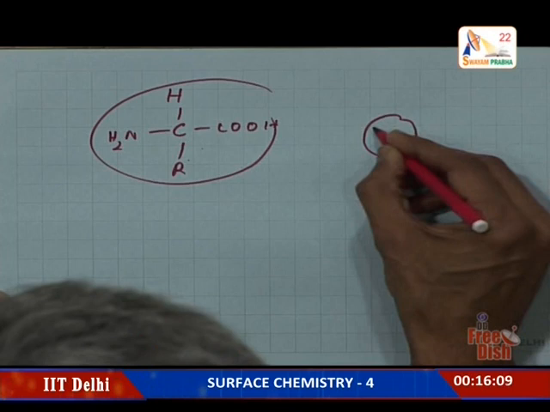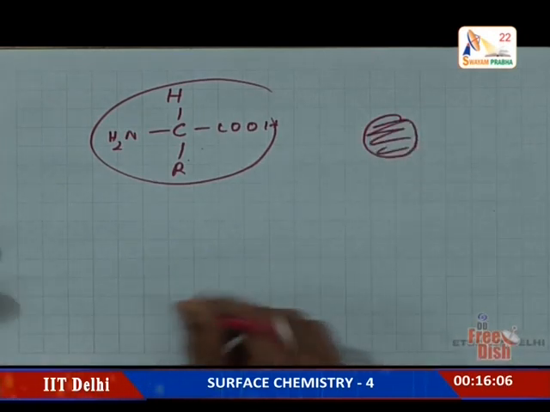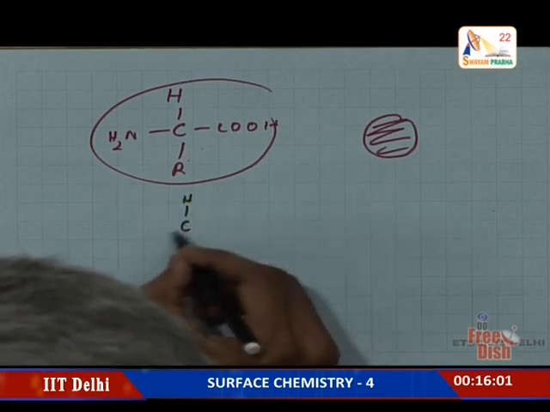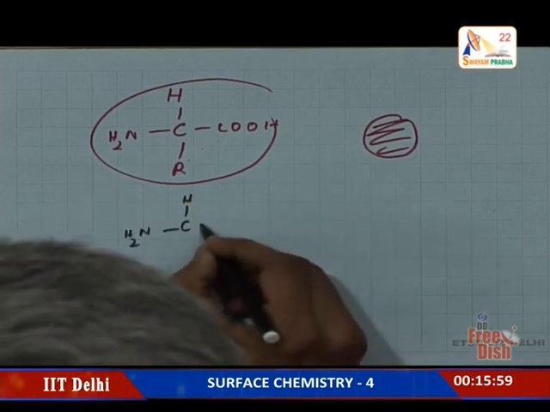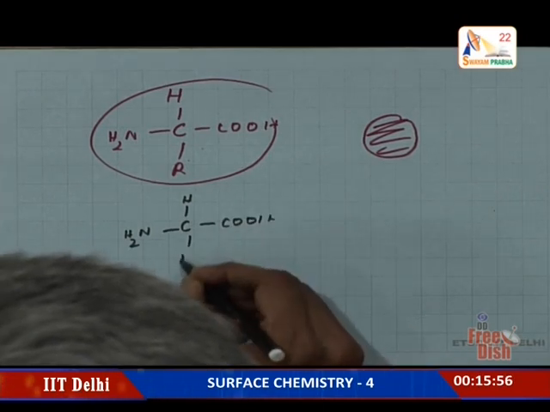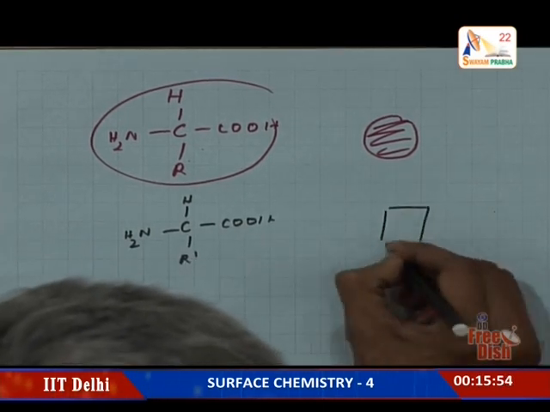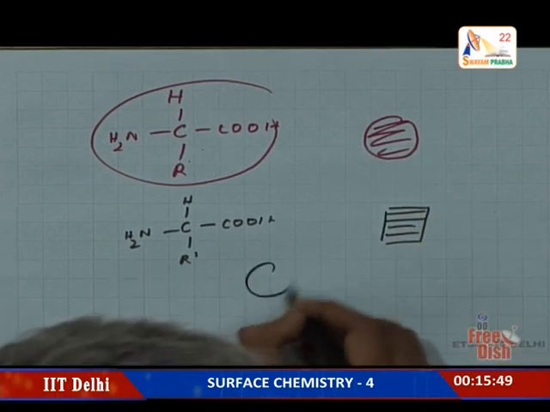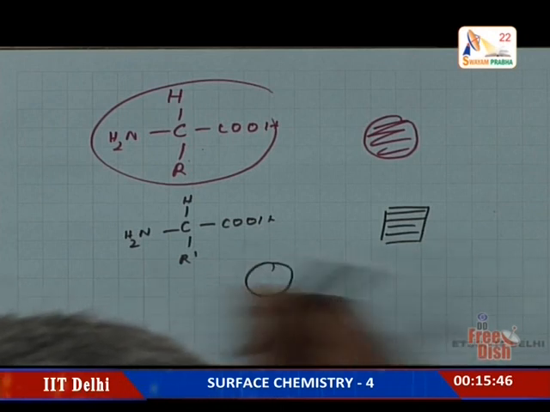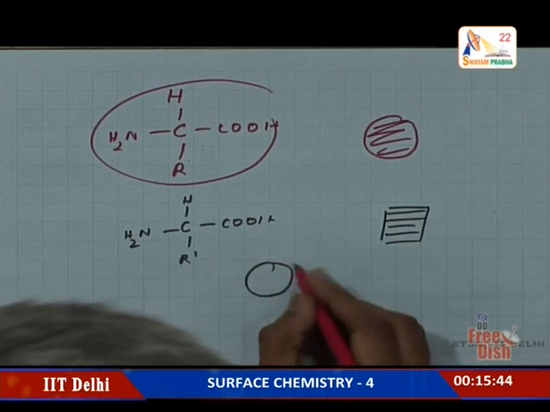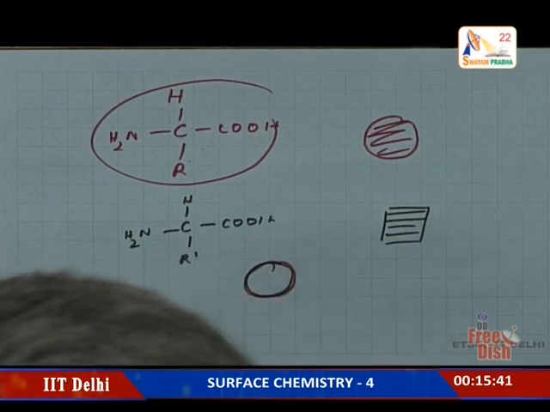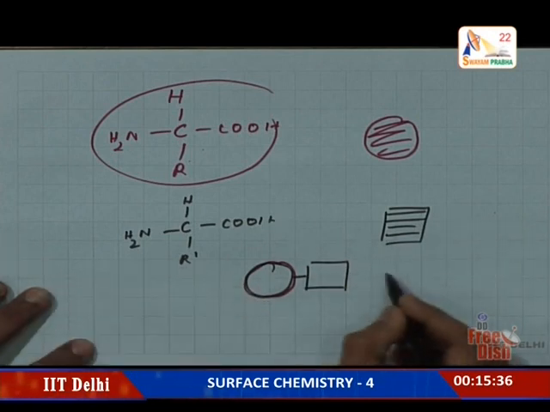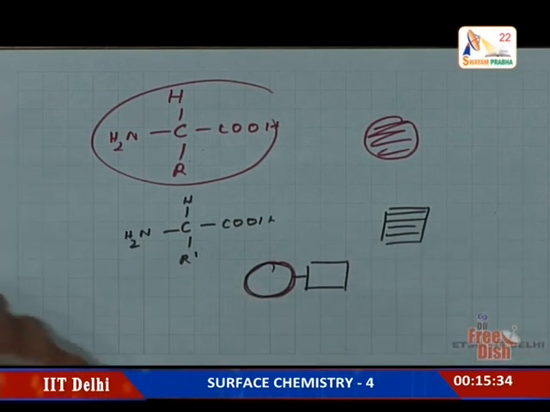Call this a red colored bead, and if I have a different R prime, let me call it a square bead. Now, I put these two together, I join them and I get something, and I keep going like that.